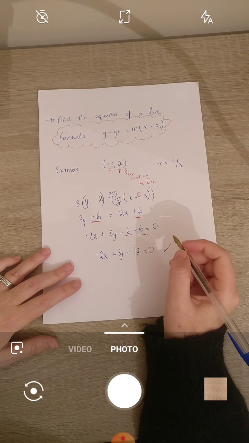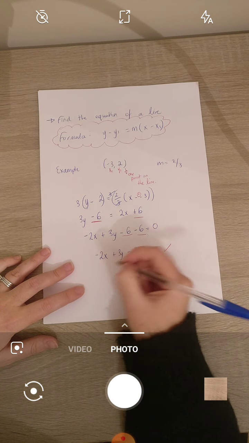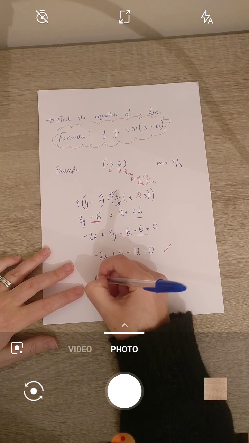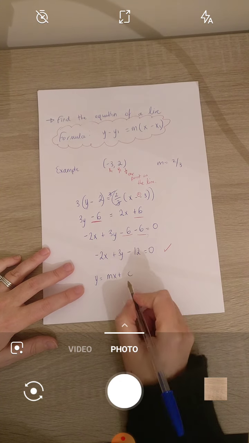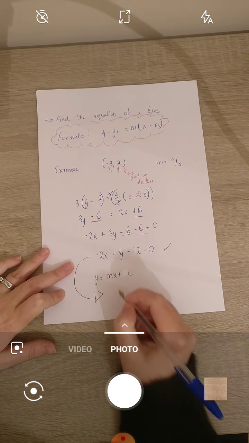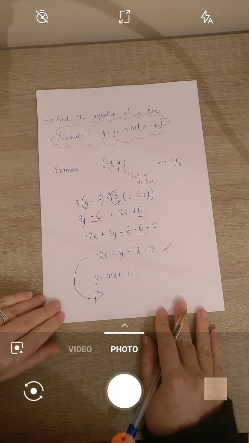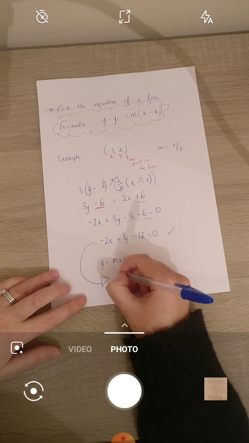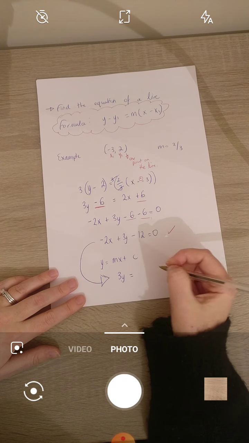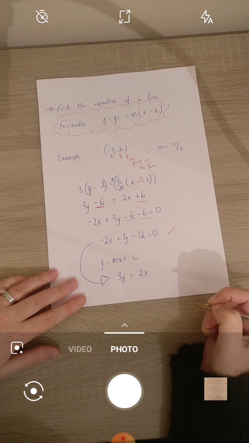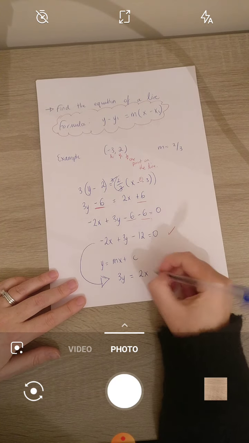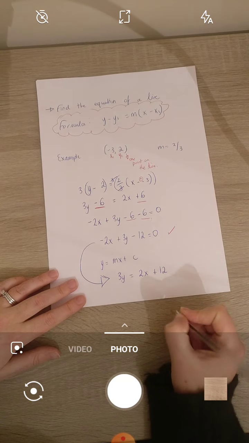Okay, they might ask you to rewrite this or give your answer in the form y equals mx plus c. So for us to do that, just going to show you as part of this example, we're going to leave 3y on the left. We're going to bring minus 2x to the other side, it becomes plus 2x. Minus 12 to the other side becomes plus 12.